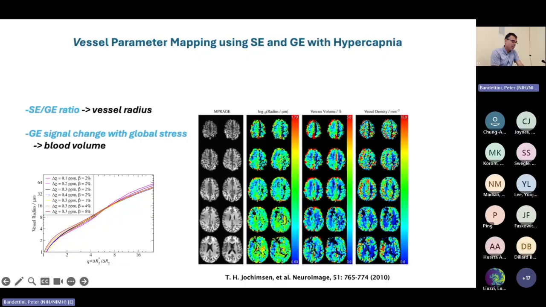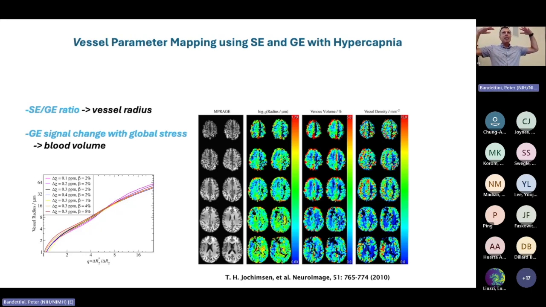And it turns out, as I just mentioned, that the blood volume in each voxel will highly weight what your BOLD signal is. So if you give a global stress, like CO2, that will increase the flow uniformly everywhere in the brain.